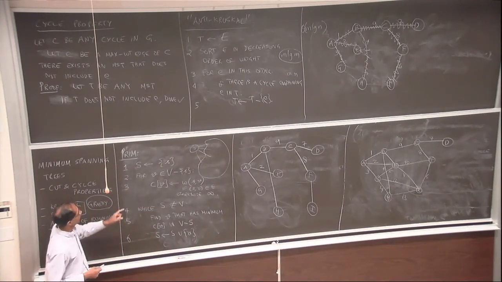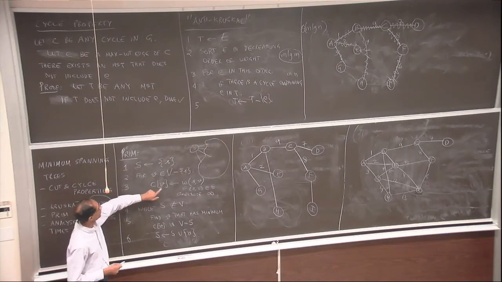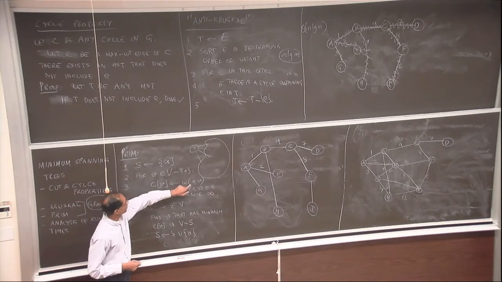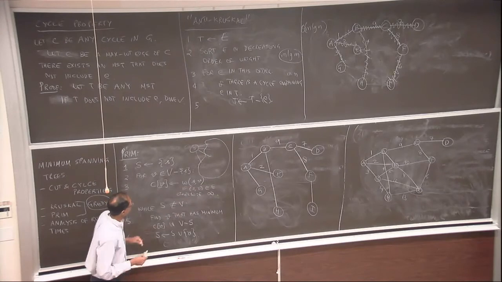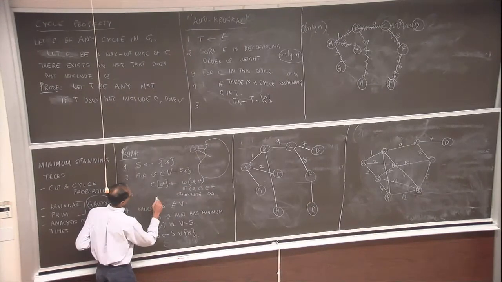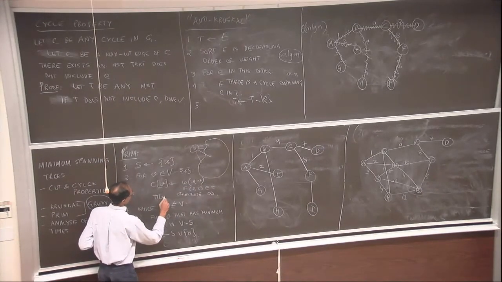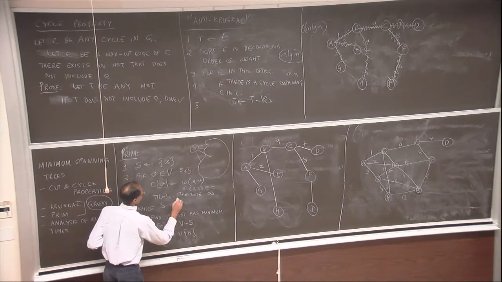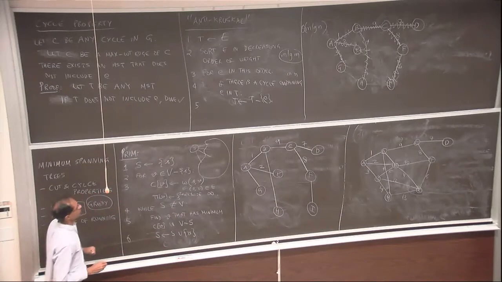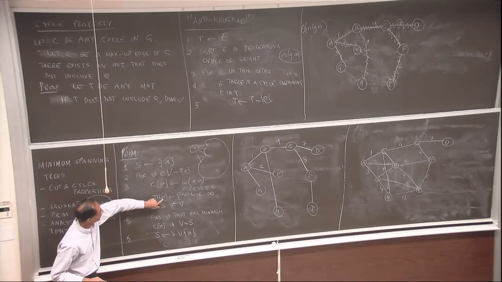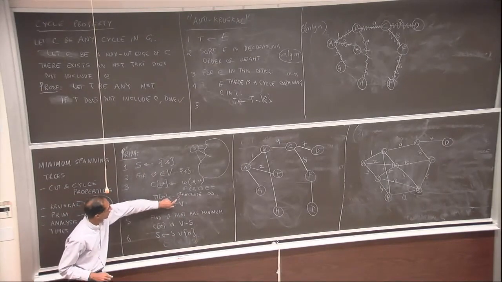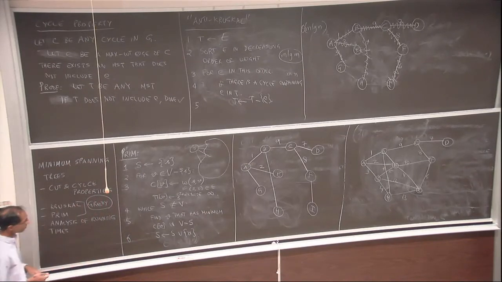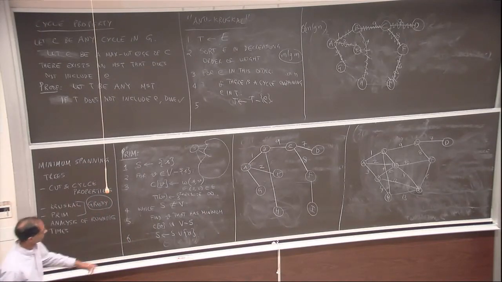Let me actually make another note here. When you set CV to be equal to the weight of the edge from S to V, you also keep track of this notion of a parent, how you're connecting V. You set pi of V, which is the parent of V, to be S. Okay?